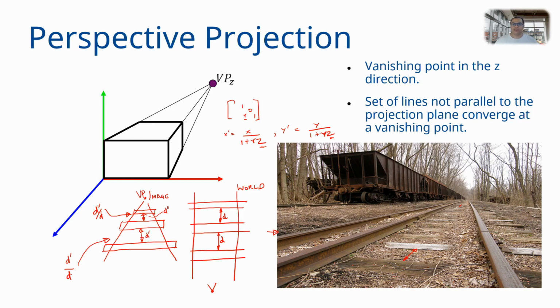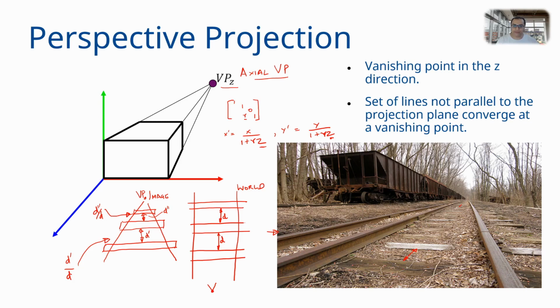Okay. Now we try to characterize perspective projections using the vanishing points, or rather the axial vanishing points that appear in the image.